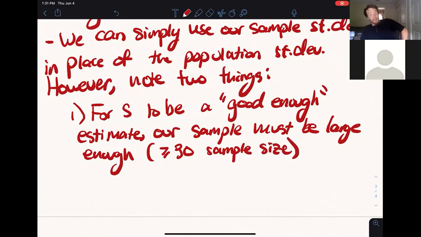So note that one of the assumptions of being able to make the substitution is actually an assumption that we are making anyway, because we are often using the central limit theorem in these cases, right? If you don't have the population standard deviation, sure, you should predict what it is with the point estimate and move forward. But make sure your sample is large enough so that your sample standard deviation S is a good guess, so that it's close to the truth. And this happens when your sample is large enough.